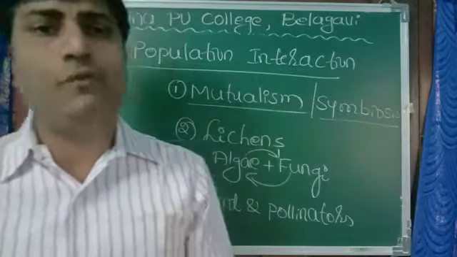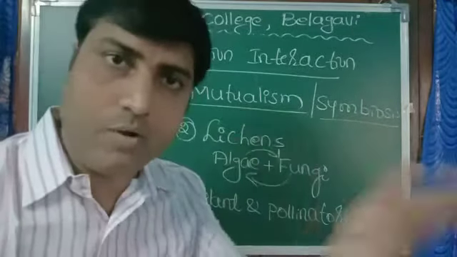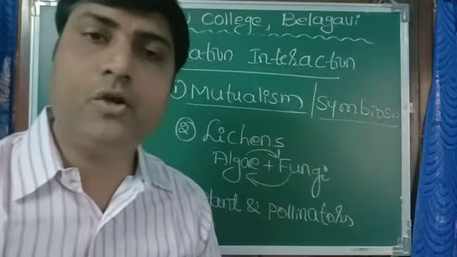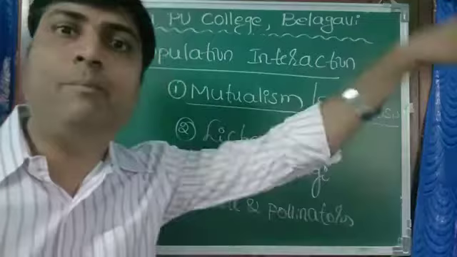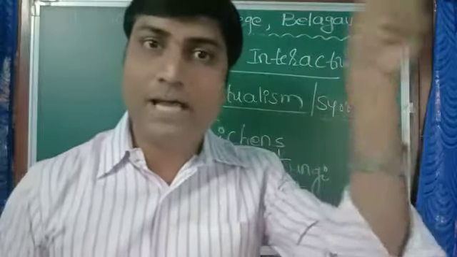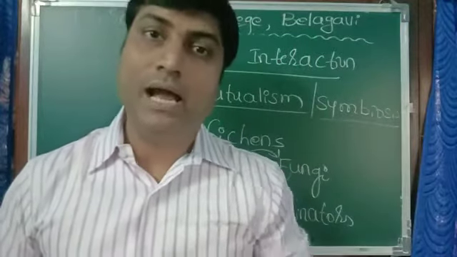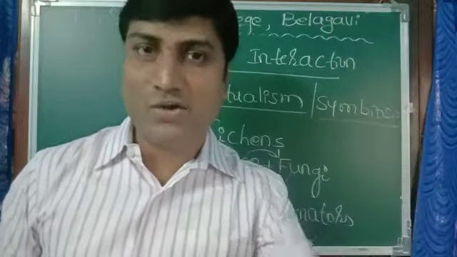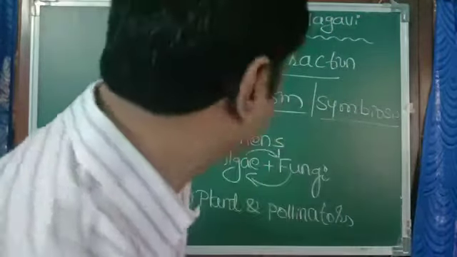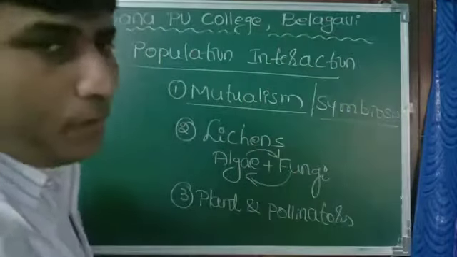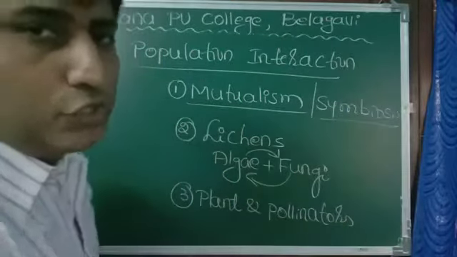During respiration, we release carbon dioxide and take in oxygen. The carbon dioxide we give out is utilized by plants during photosynthesis, and they release oxygen which we take in during respiration. All these are examples of one type of population interaction called mutualism.